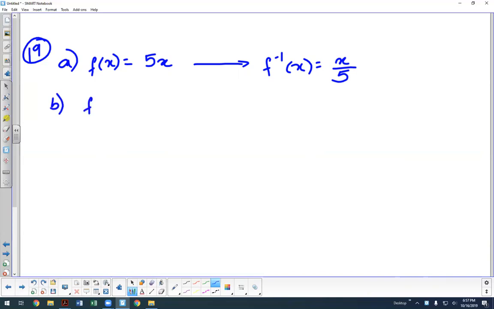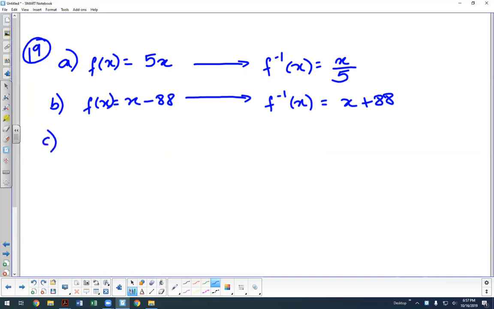Part B, f of x equals x minus 88. What is its inverse? Yeah, opposite operation, x plus 88. So these were single operations. Now we're getting into 2 operations here. So you've got 3x minus 7.